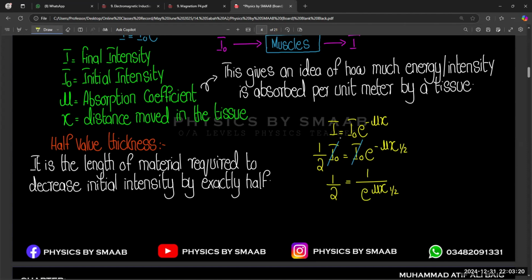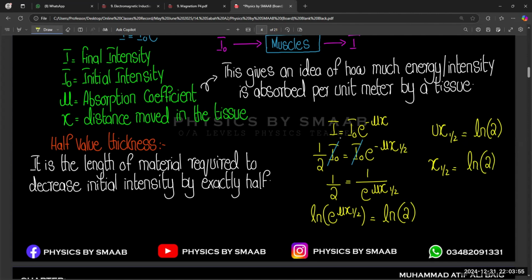So it becomes x equals ln 2 over mu. By using this equation, we can find at which length, or how much length, is required to decrease the intensity exactly to half of its original value, right?